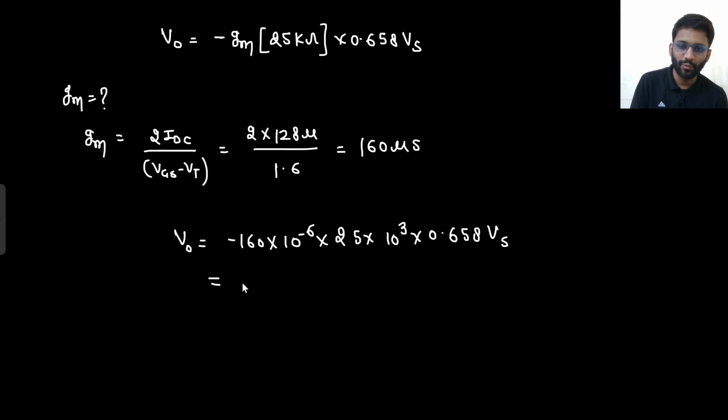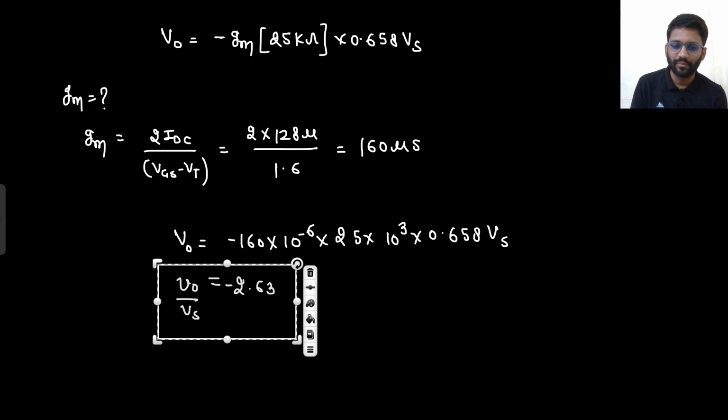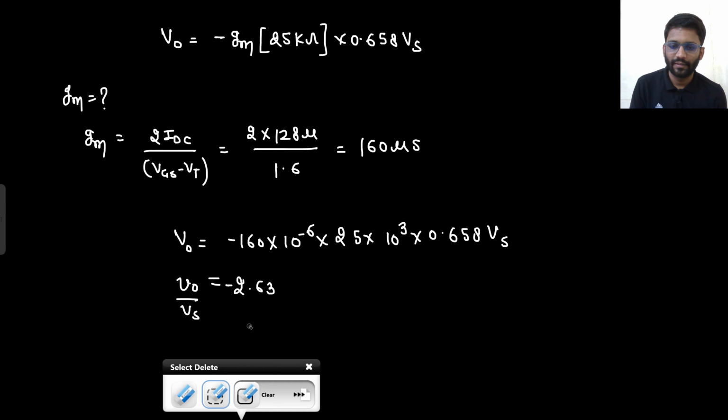So my answer would be 2.63 minus. So this is my V naught by Vs. So this is the small signal gain I am getting, that is minus 2.63.